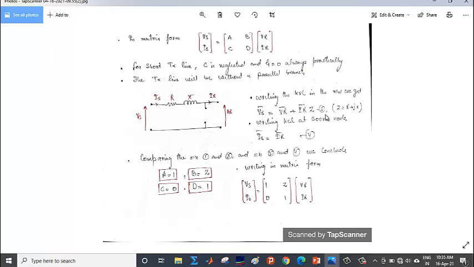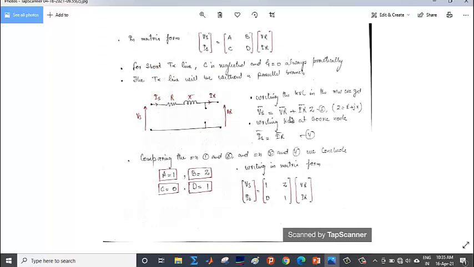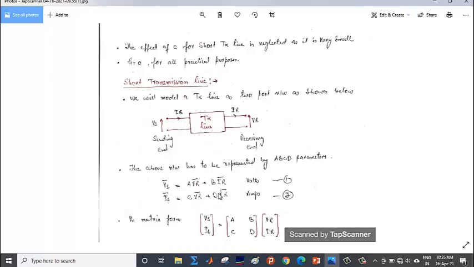So I will compare equations 3 and 4 with equations 1 and 2. You can see Vs is equal to AVr plus BIr, but here Vs is equal to Vr plus Ir into Z. It means A here is equal to 1 and B here is equal to Z. Similarly, Is is equal to Ir. So comparing this with equation 2, Is is equal to Ir, that means C is equal to 0, and D is equal to 1.